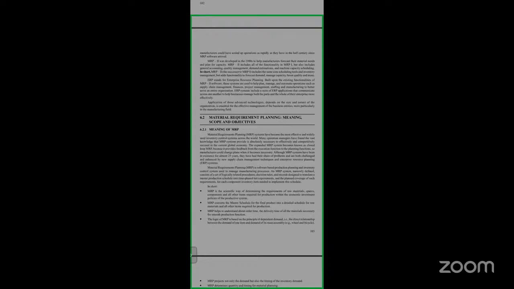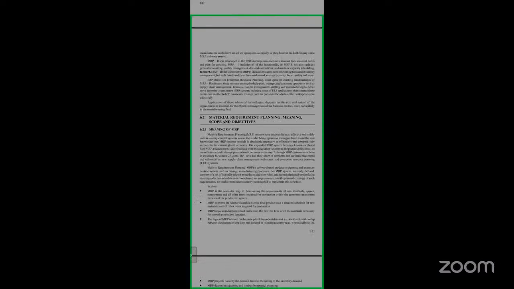Why? Because material requirement planning is a software based production planning and inventory control system used to manage when to order and what raw material we require, what raw material goes into the manufacturing for these many weeks or these many months. So when to order, how to order, that is all recorded or registered in the system. It consists of a set of logically related procedures or decision rules.